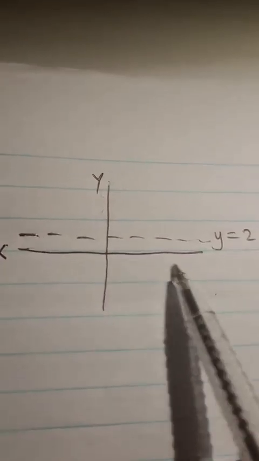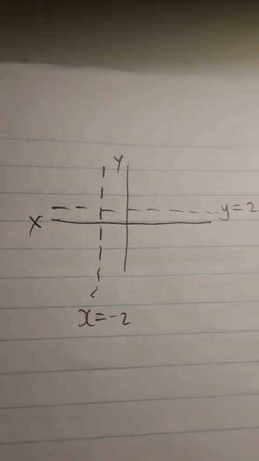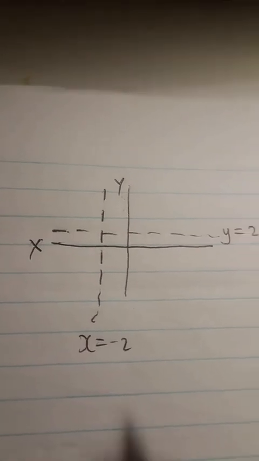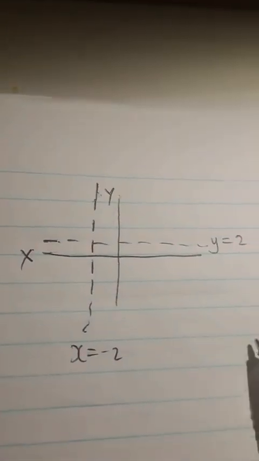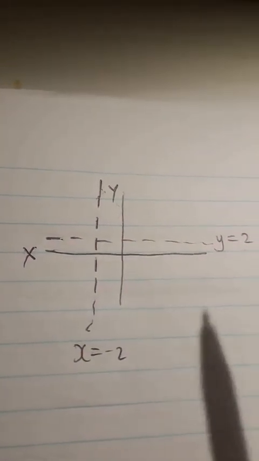This is the y-axis, this is the x-axis. So if the horizontal asymptote is y is equal to 2, let's just say for argument's sake, then let's say the vertical asymptote is x is equal to negative 2. Then guys, the asymptotes give us an idea as to where the quadrants are.